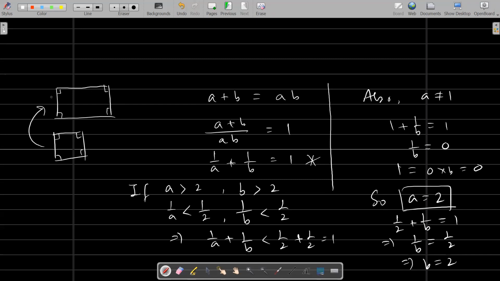So a square is always a rectangle. A rectangle may not be a square. For example, now I'm staying in Maharashtra. So every Maharashtrian is Indian, but every Indian may not be Maharashtrian. So every square is a rectangle, every rectangle may not be a square. Rectangle is a much more general term than square. Fine?